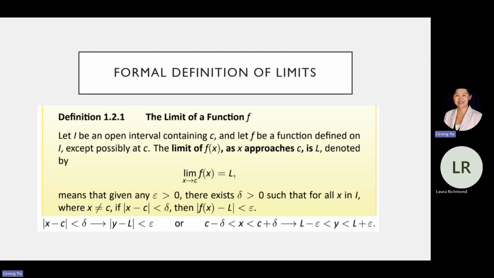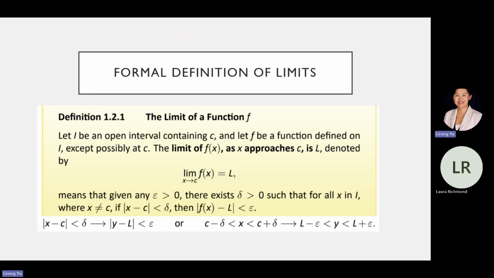If there's no x approaching c, you have to make sure that it is possible for x to approach c. So x tends to c, and that has to be possible. That's why we need that interval. The function has to be well defined on the interval.